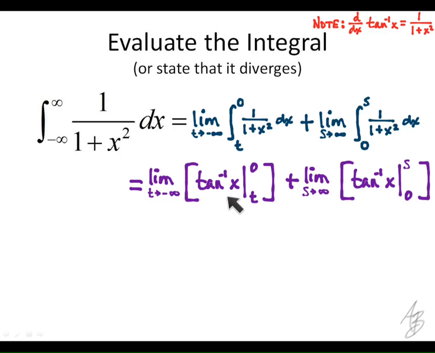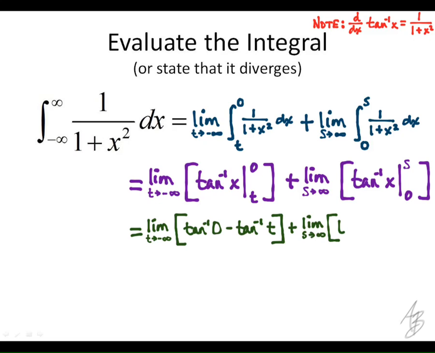The reason that's arctangent is because the antiderivative of 1 over 1 plus x squared is arctangent. So evaluating each of those definite integrals, we're going to get the arctangent of 0 minus the arctangent of t as t approaches negative infinity, plus the arctangent of s minus the arctangent of 0 as s approaches positive infinity.